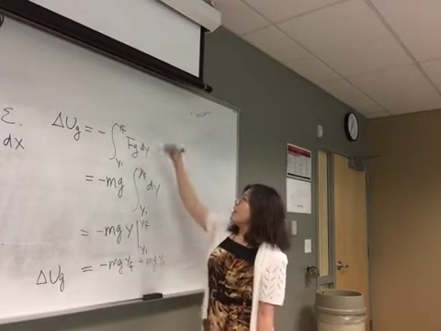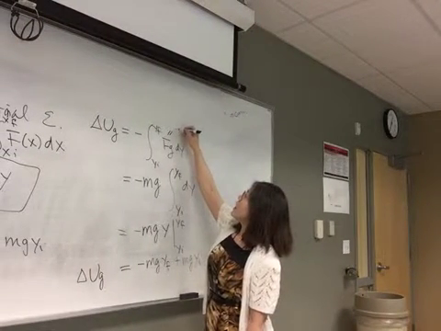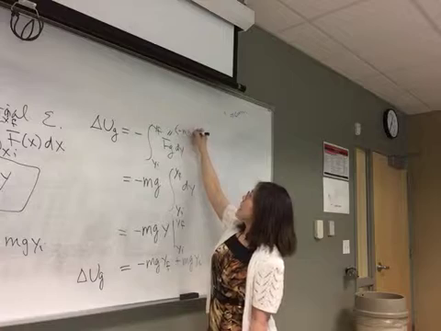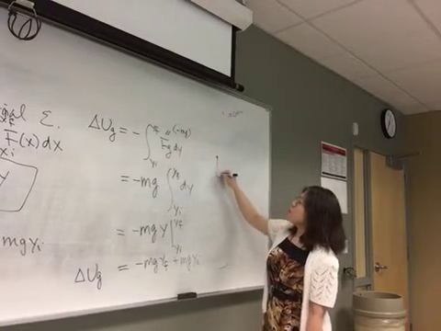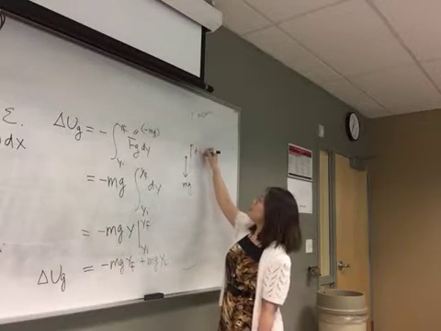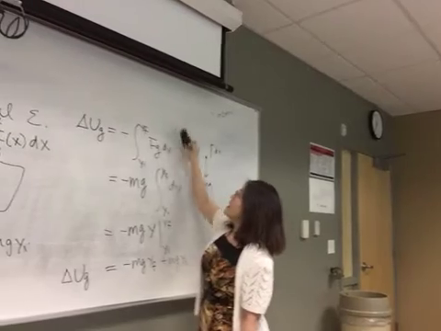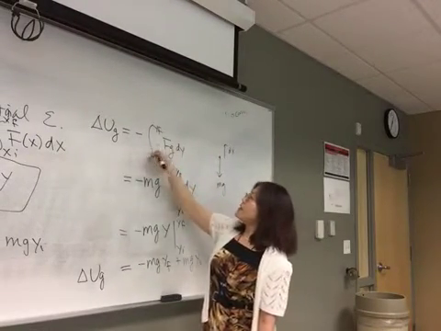And your FG is, let's say, negative mg, because it's going downward. So this mg is negative, and your dy is actually in the other direction. So they differ by a negative sign. So what we have here is a negative.